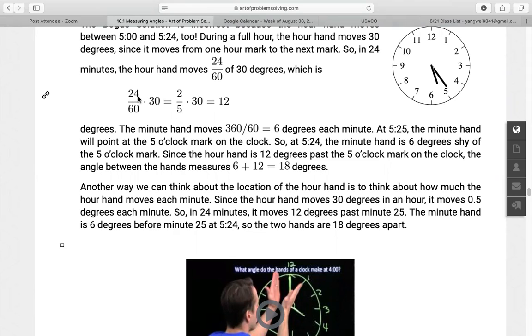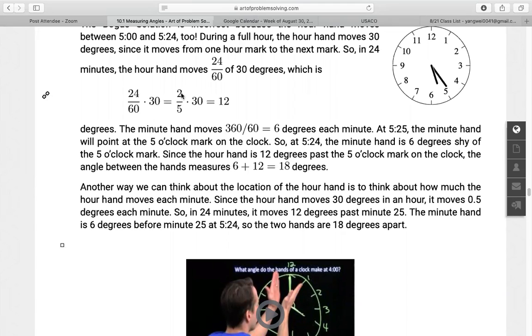So for the 24 minutes, the minute hand over 60, because if the minute hand moves a full circle, that's 60 minutes. Then times 30 degrees, because between two hours, like from 4 to 5, that's 30 degrees.